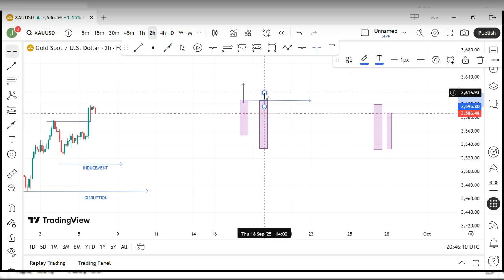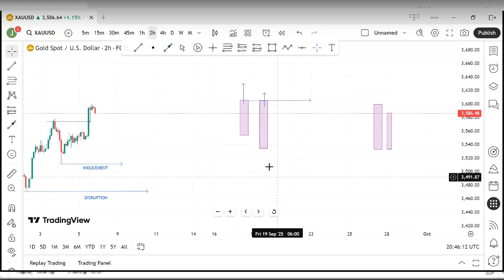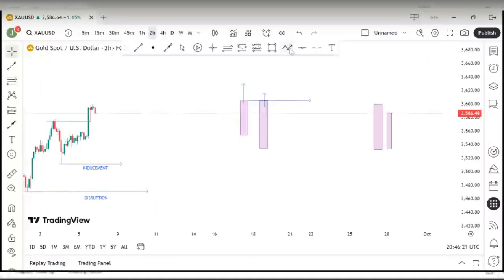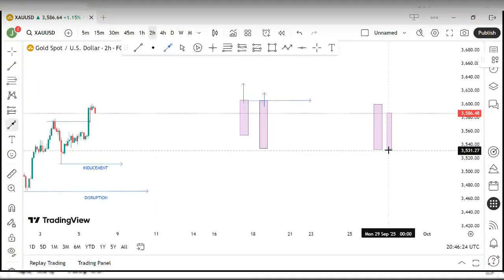The most important thing is that they should be equal in high, or equal in low. The length of the wick does not matter when it comes to key level.